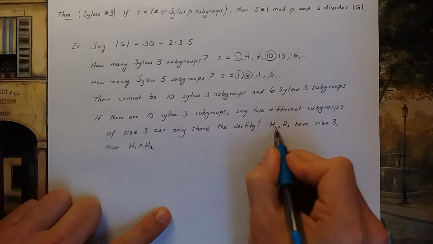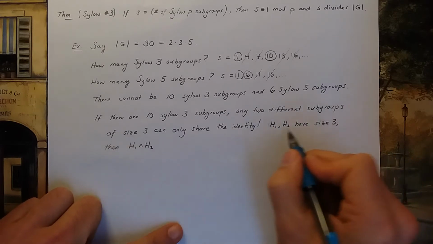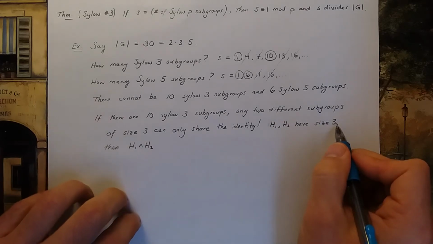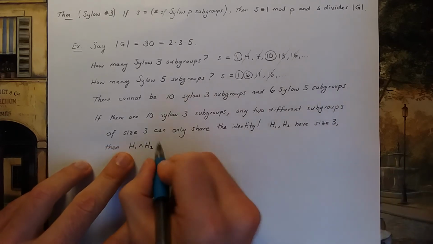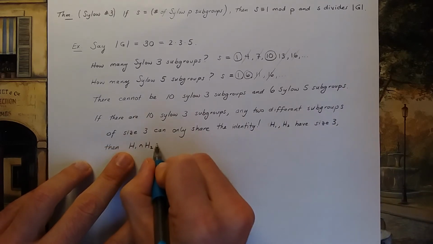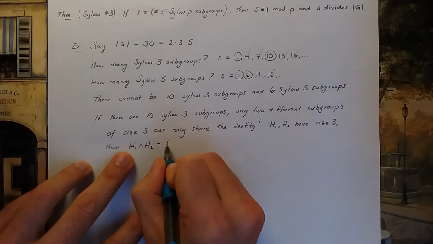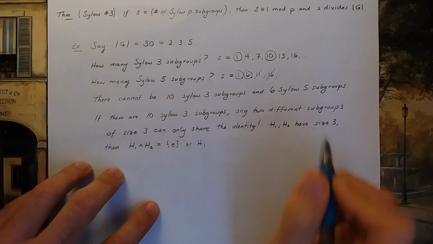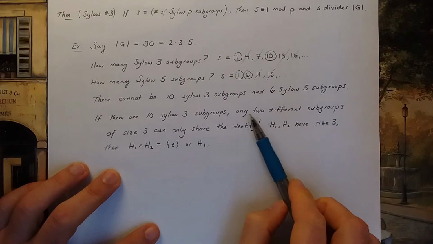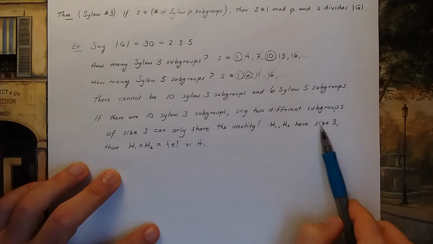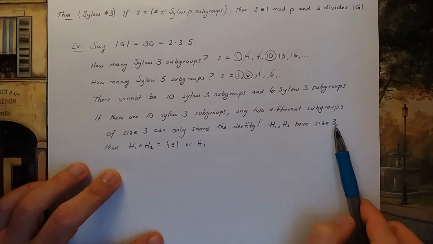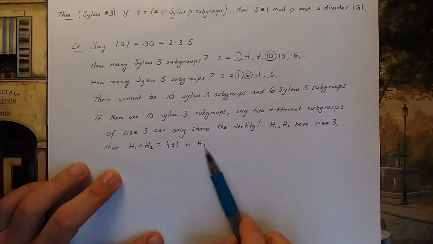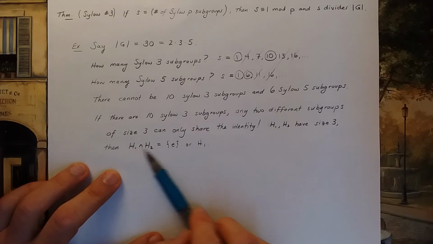And any subgroup of a group of size 3, 3 being a prime number, can either be just the identity or the entire group. So H1 intersect H2 is either equal to just the identity element or H1. So this shows that if you take two different subgroups of prime size, their intersection can only be the identity element or the whole thing, in which case H1 is equal to H2.